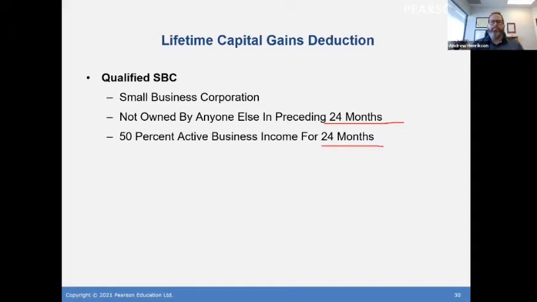This works against people getting strategic and changing the business characteristics at the last moment before they make the sale, basically prepping it to qualify for this treatment at the last minute. It has to have been behaving this way for 2 full years before it would qualify.